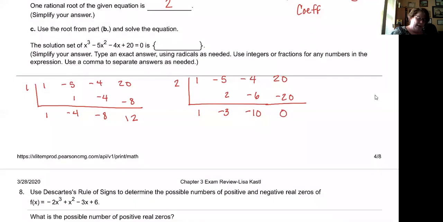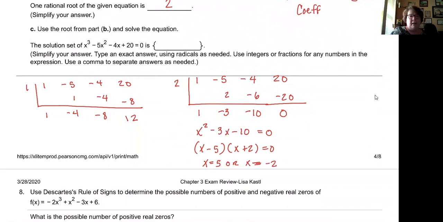So I'm going to write the quadratic x squared minus 3x minus 10 equals 0. I'm going to factor that to -5 plus 2. So what am I going to get? X is 5 or -2. So the other 2 zeros are 5 and -2.